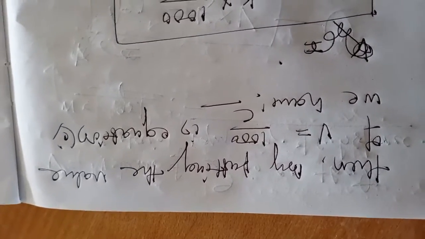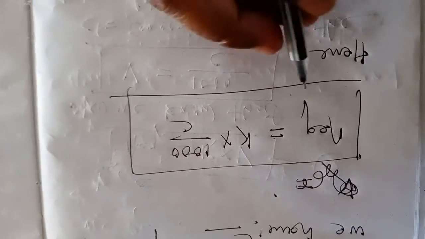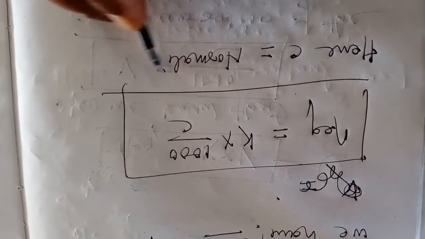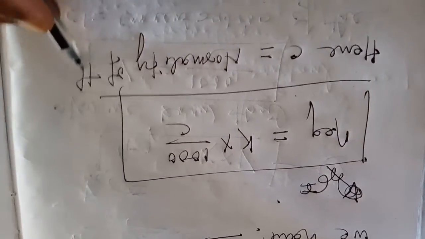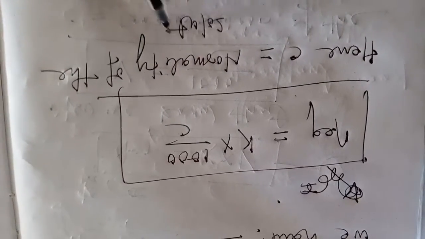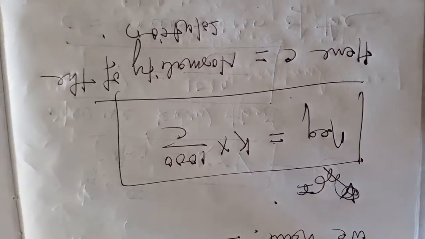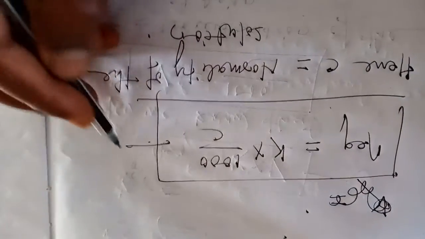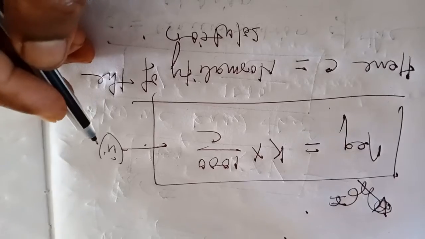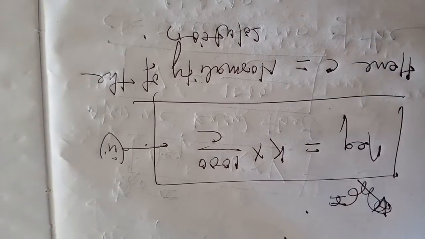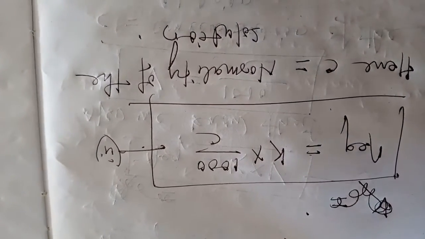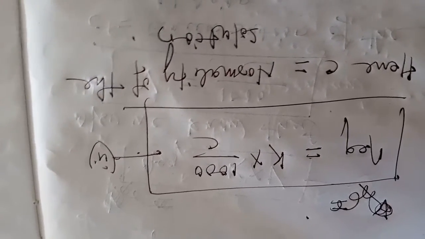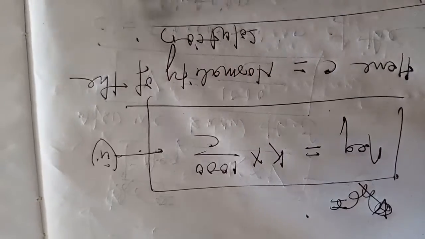Here C is also called the normality of the solution. Okay, so we can write equation 2 in the following form: equivalent conductance equals K into 1000 by normality.